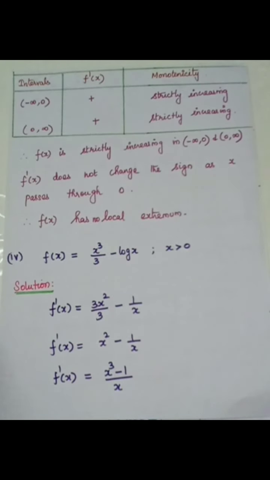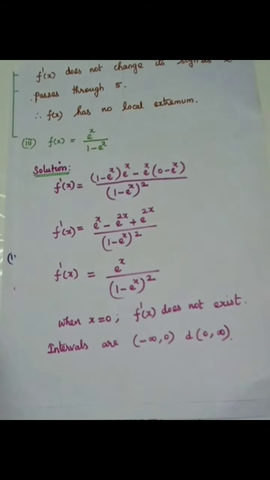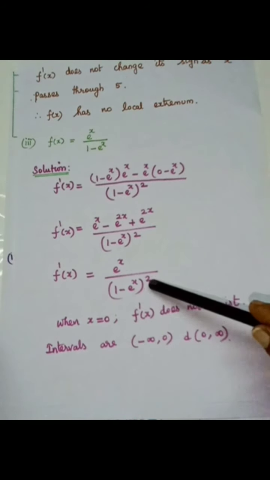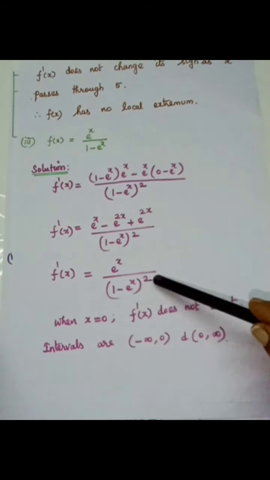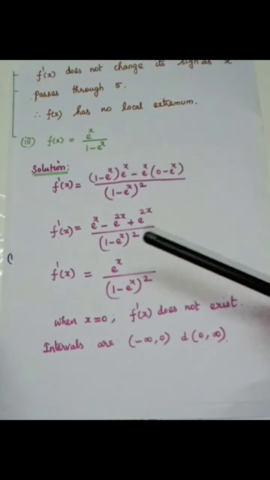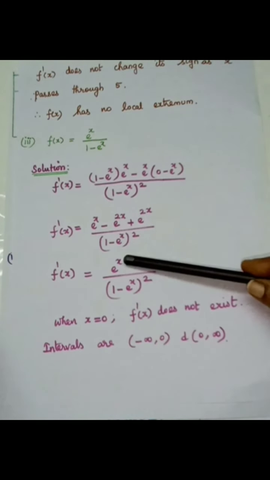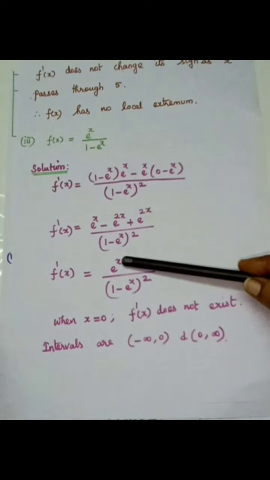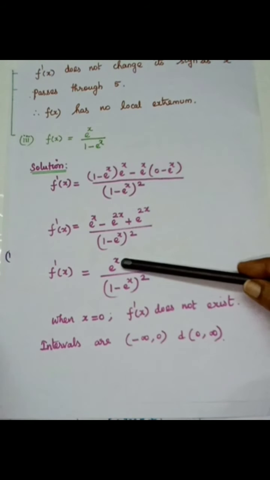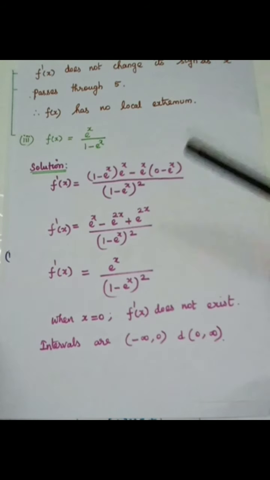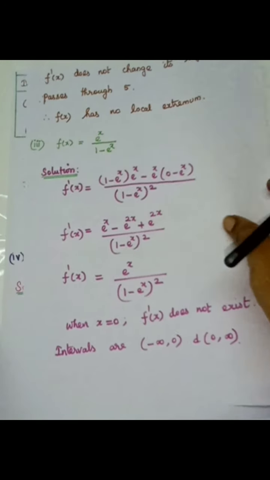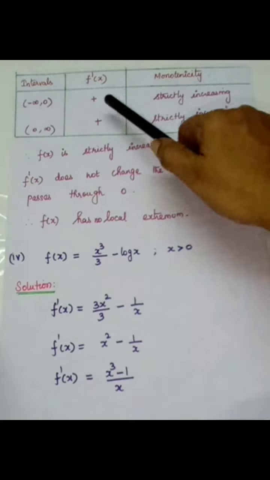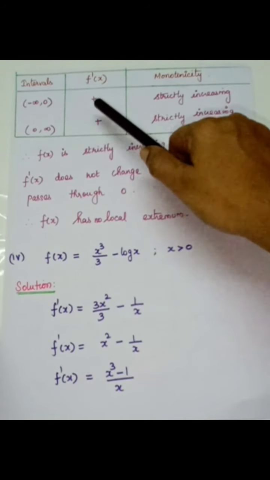See, again I will explain the reason. Here in the denominator it is a square of 1 minus e power x, so always it is positive. If you substitute x as negative or positive, e power x is positive always. So therefore in both the intervals the sign of f dash of x is positive.